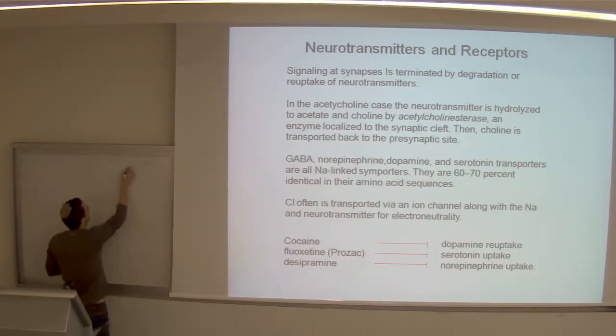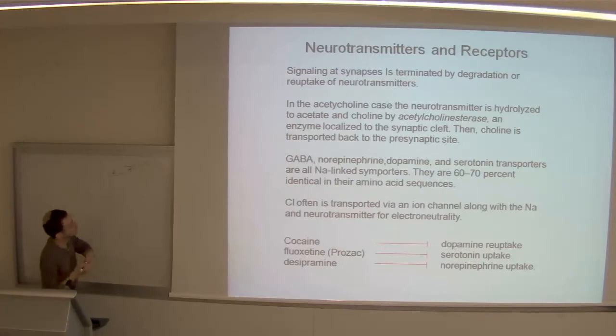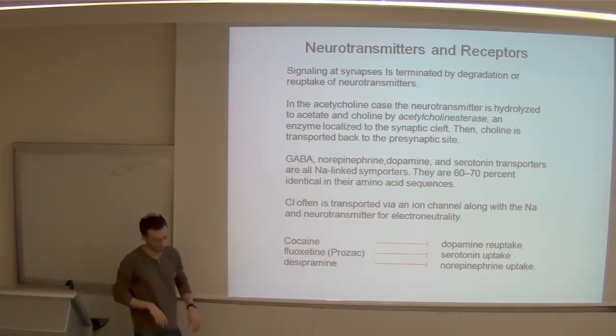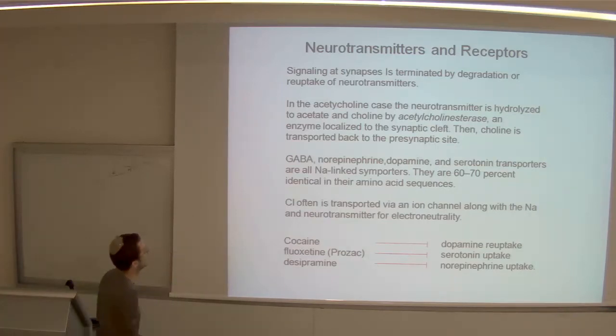So the neurotransmitter binds to the receptor, and then it dissociates from it and binds again, and so on. So as long as the neurotransmitter is there at the synaptic cleft, you have transmission of a signal. And in order to terminate this signal, you just have to remove the neurotransmitter, not the receptor. It's enough to remove the neurotransmitter.